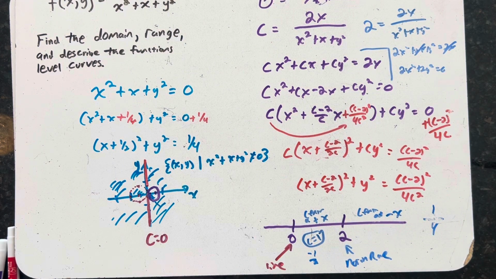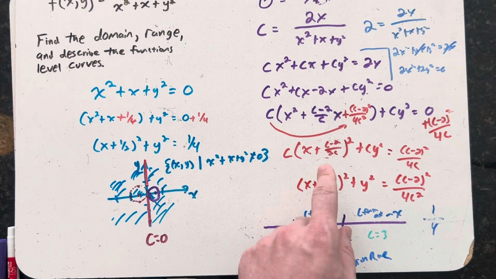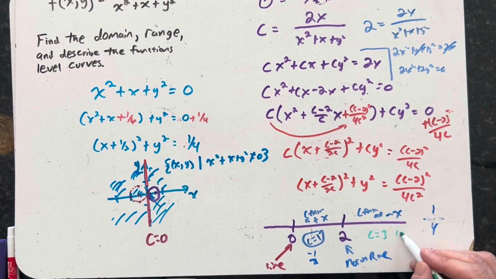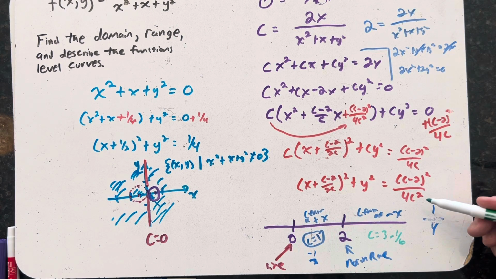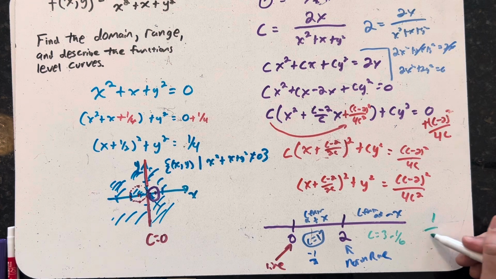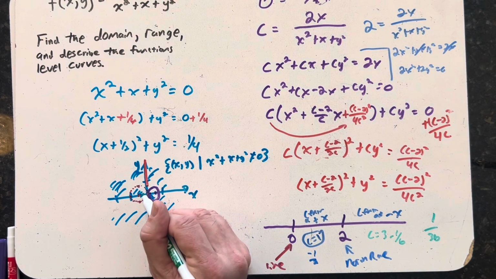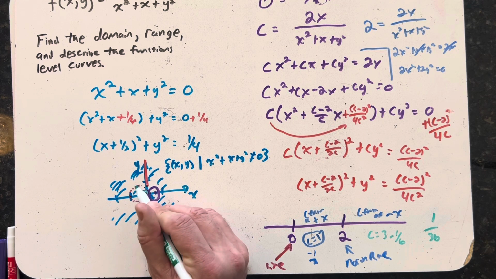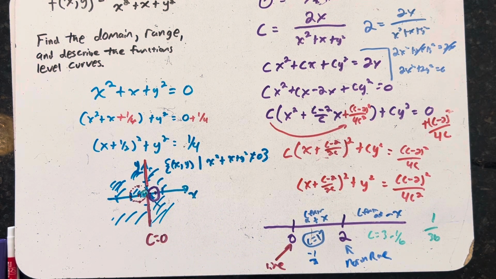So let's think about c equal to 3. My center is going to be at minus 1/6, and the radius is very small. So there's a very small circle centered at minus 1/6, inside the red circle that's not in my domain.